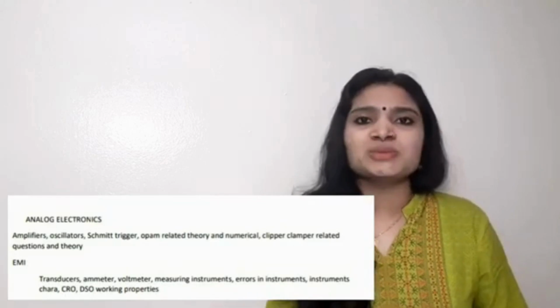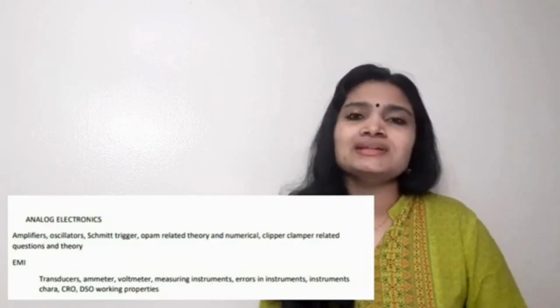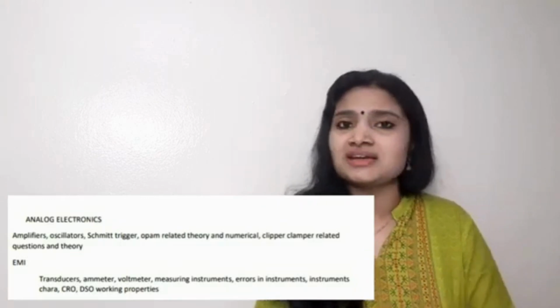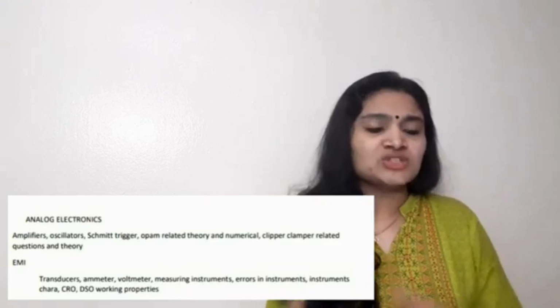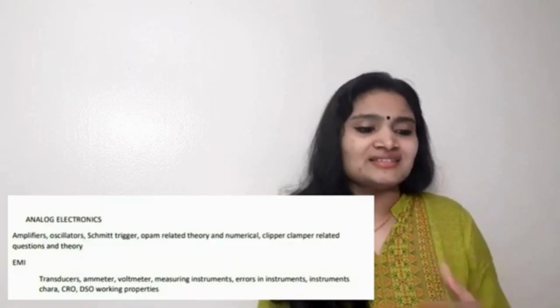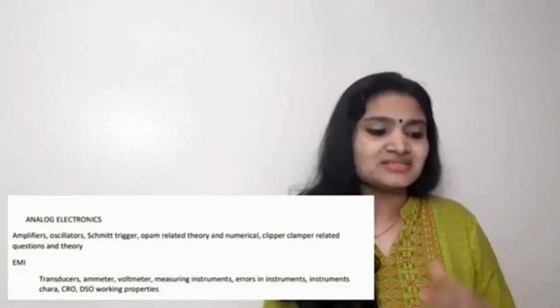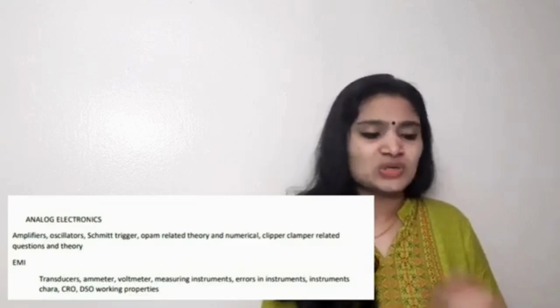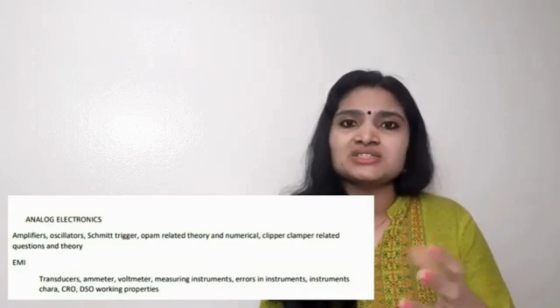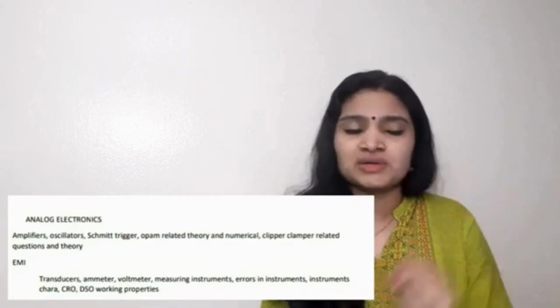Next one, EMI, that is electronic measurement and instrumentation. If you take the diploma examinations, you can see a lot of questions coming from this subject. Which areas do you have to study? Actually, all the areas are important. Transducers, ammeters, voltmeters. Then CRO, DSO, the working of CRO and DSO, their structures, all these are important.